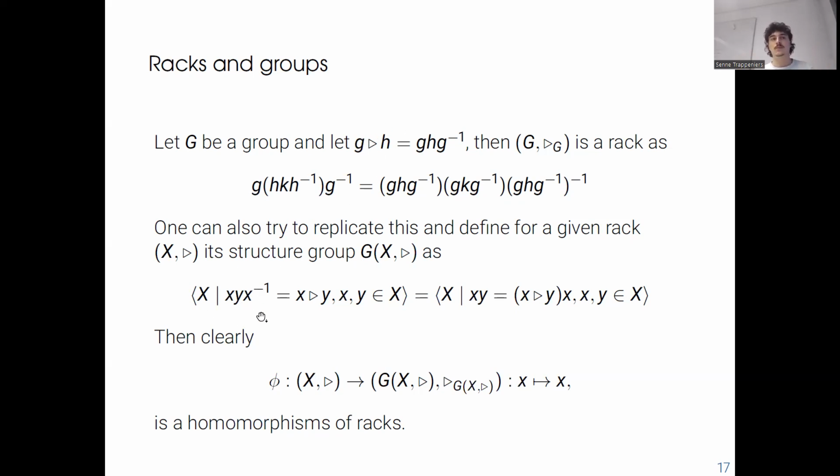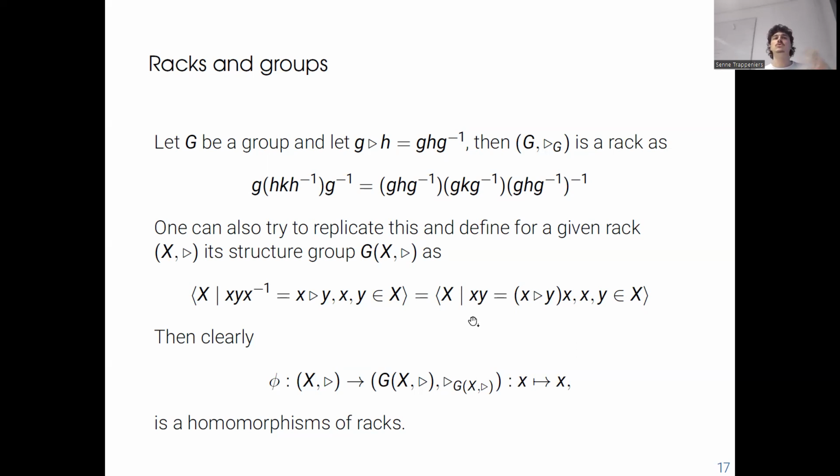So we can force it and say, take the group generated by X with this relation holding. Now it's very convenient to also look at it in this way. We move the X inverse to the other side, and now we have these kinds of relations. What's nice about this in particular is that you really have the associated solution showing up there.